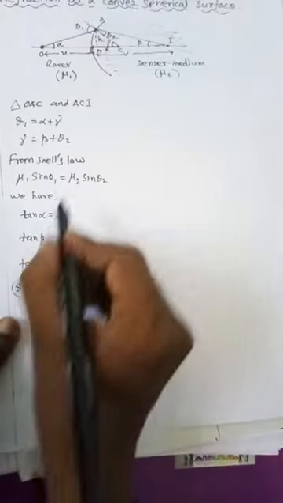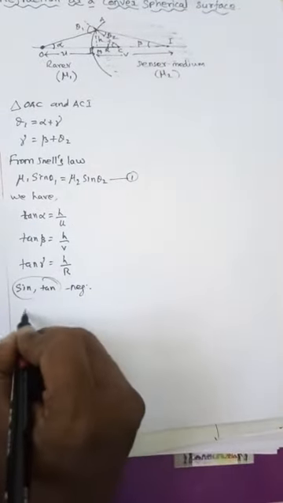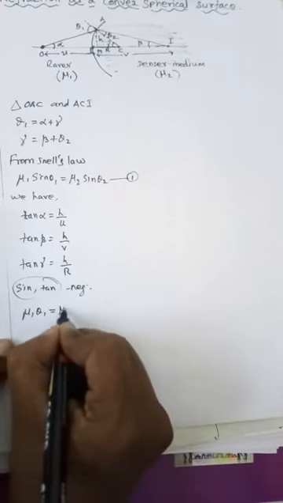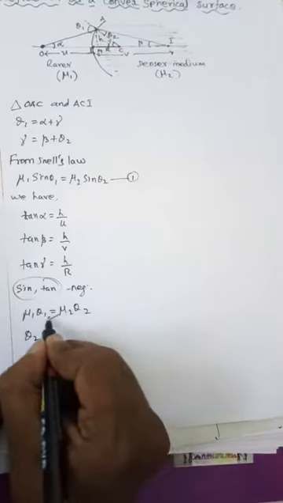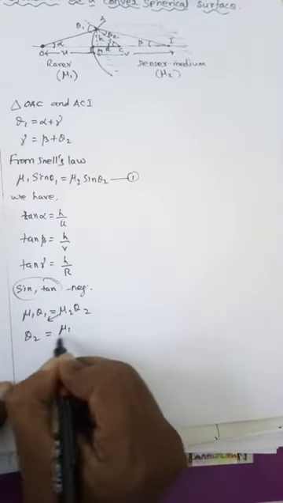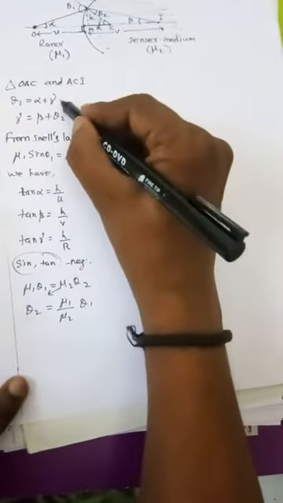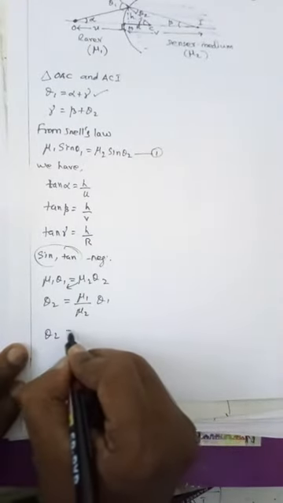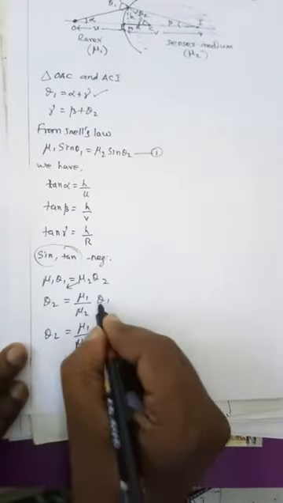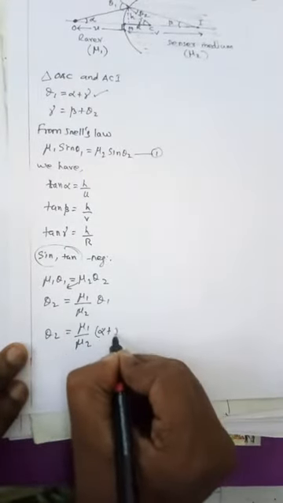From the first formula, equation 1, you get mu1 theta 1 is equal to mu2 theta 2. Cross multiply, since we want theta 2: theta 2 is equal to mu1 by mu2 into theta 1. The theta 1 value you already know, so substitute alpha plus gamma.